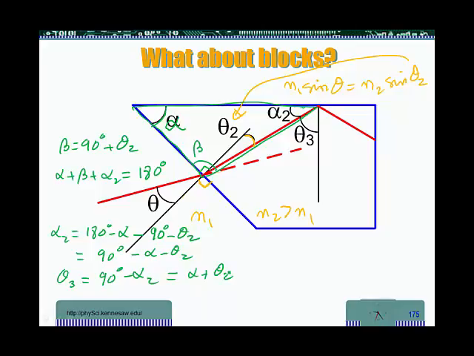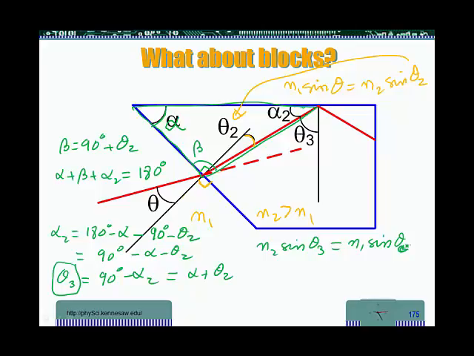Now we need to check: are we going to have any light emerging? Theta sub 3 is our angle of incidence here. To check if any light is emerging, remember Snell's law. N2 sine of theta sub 3 should be equal to N1 sine of, let's call it theta sub O, since we are checking it out.